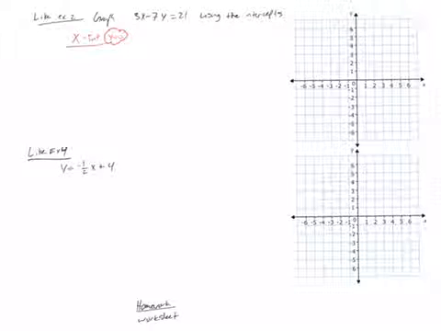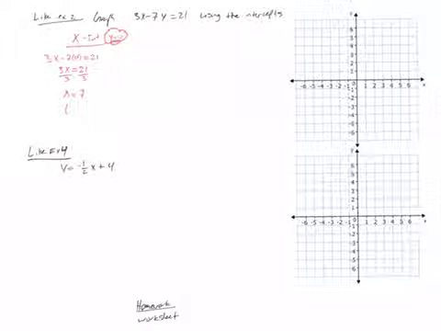So let's rewrite this equation: 3x minus 7, but y is equal to 0, so instead of writing y, I'm going to write 0 in there, and this is equal to 21. So 7 times 0 is just 0. So 3x minus 0, or just 3x, is equal to 21. Divide by 3, and x is equal to 7.